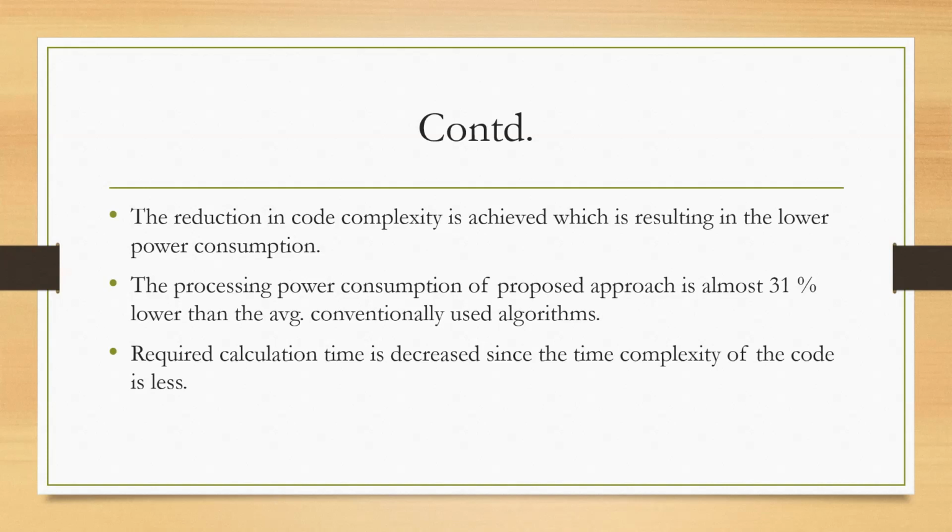This reduced code complexity results in lesser time complexity, which in turn results in less time required by the algorithm. And since we have 31% lower power consumption, we have better efficiency from the energy point of view.